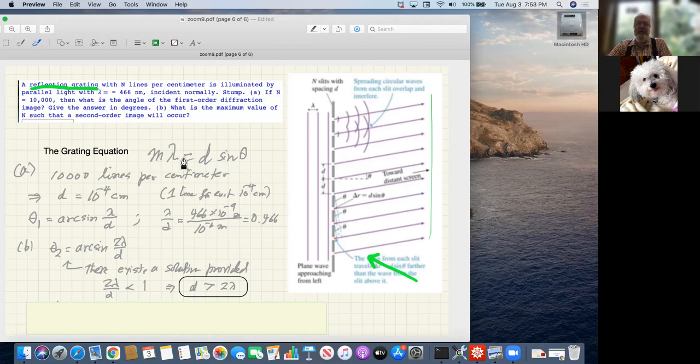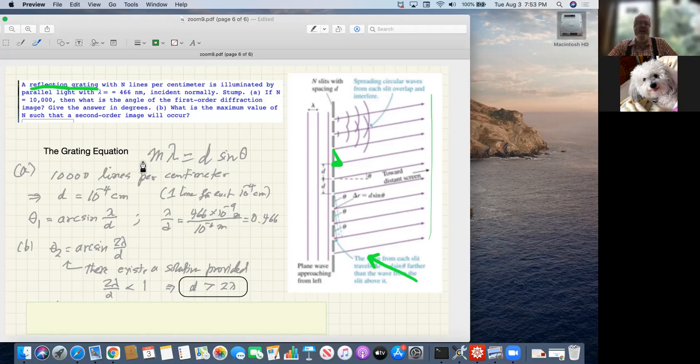It's the grating equation. d sine theta is the difference. If I look at d sine theta, it's this distance here. It's the path difference between 2 neighboring slits or 2 neighboring grooves in a reflection grating. If that path difference is an integer number of wavelengths, then out here, where these 2 rays collect, they will be undergoing constructive interference.